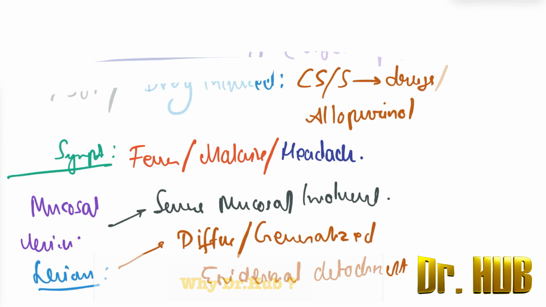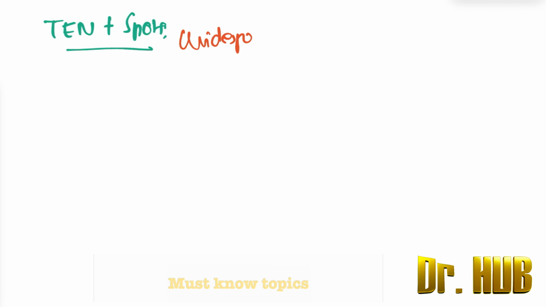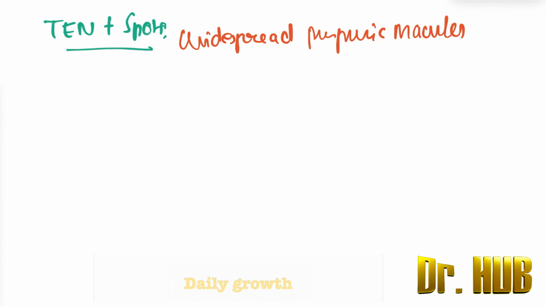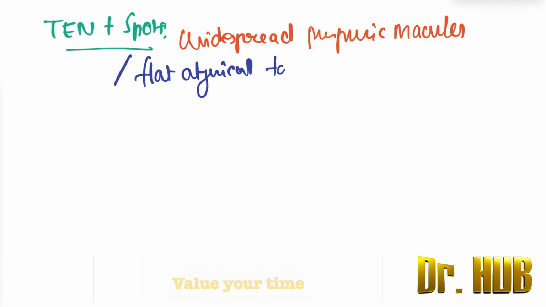Next we look at TEN with spots and without spots. TEN with spots includes widespread purpuric macules as well as flat atypical target lesions.